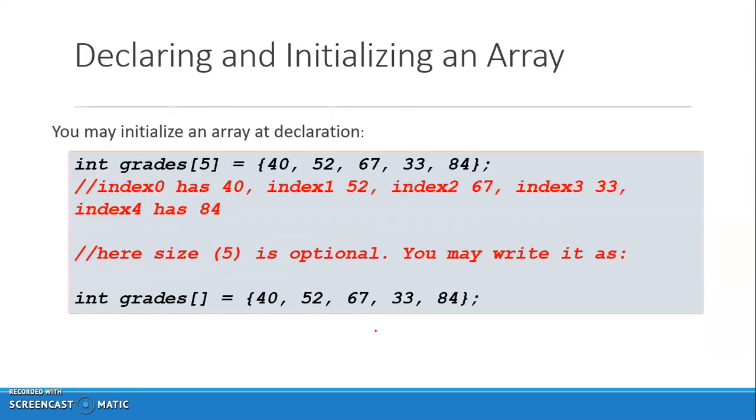Okay, another way of declaration: sometimes we can declare and assign at the same time. As we saw before, we would declare a variable and assign immediately, something like int a = 20. So for arrays, we can also do the same. Int grades, then you specify the values. Say we want 5 grades, then you specify the values.